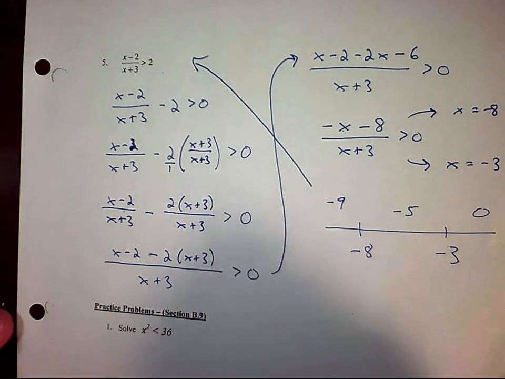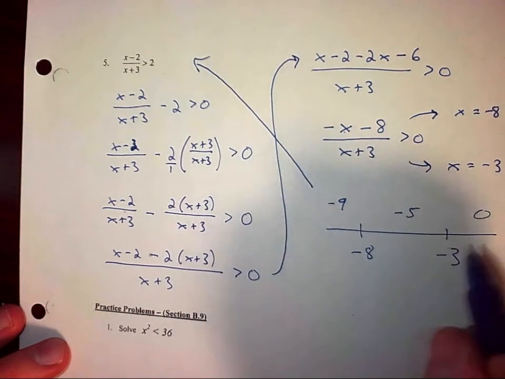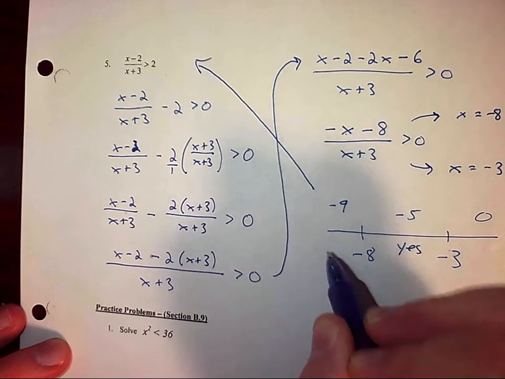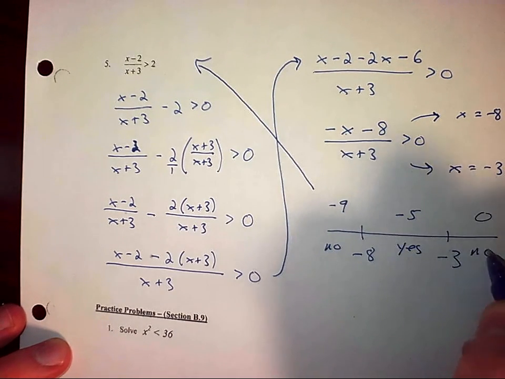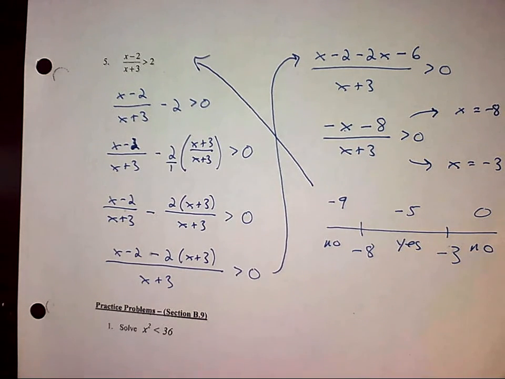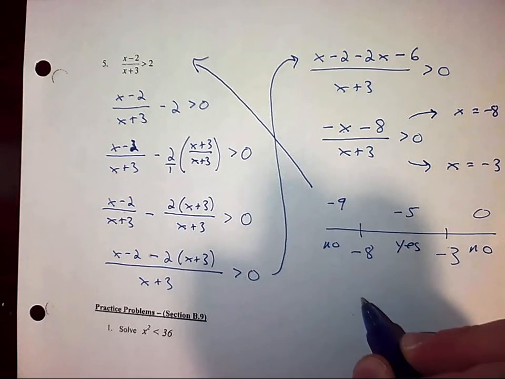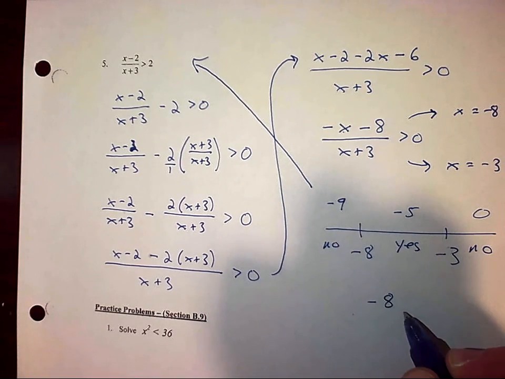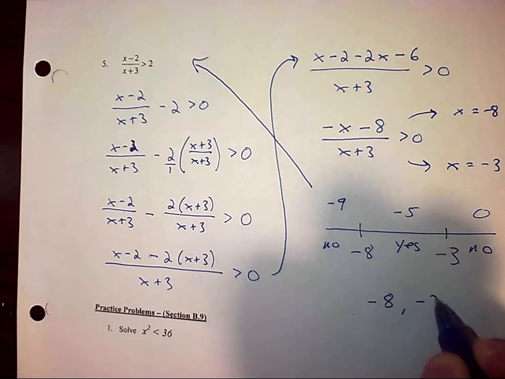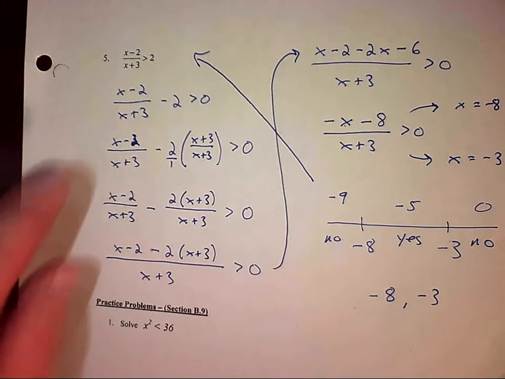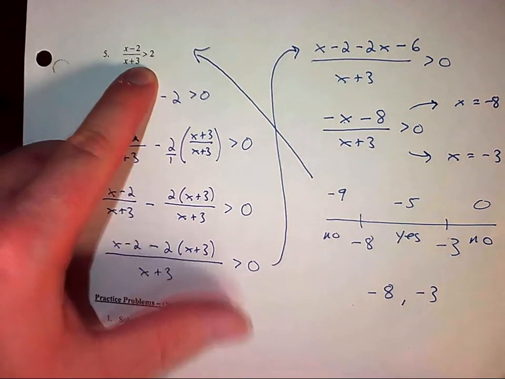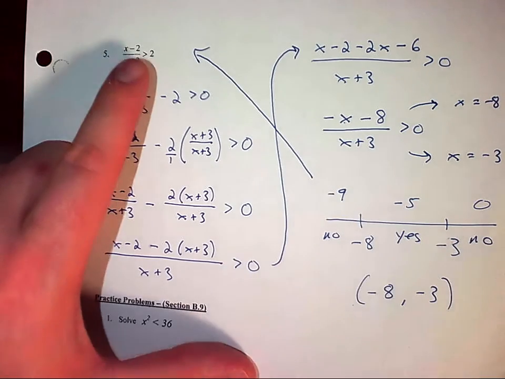If you plug it into your original equation, you'll see that the only section that works is this middle section right here. So if we write it in interval notation, we're going to go from negative 8 to negative 3. But since we have strict inequality, both of these get round brackets.